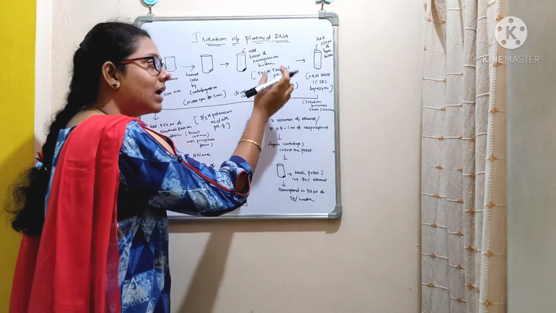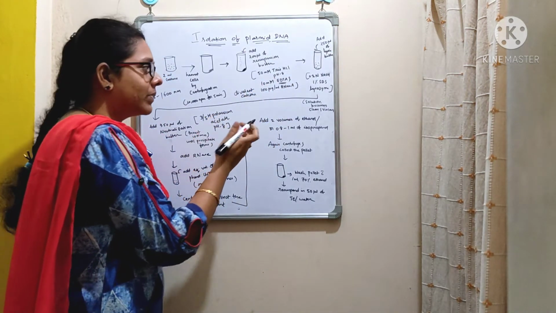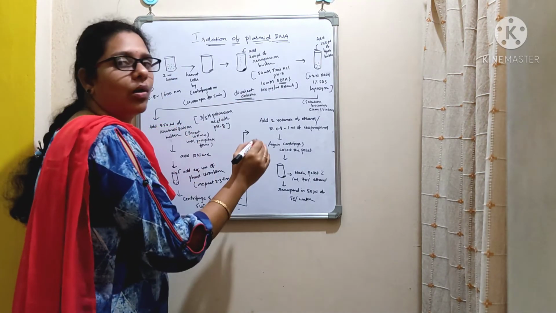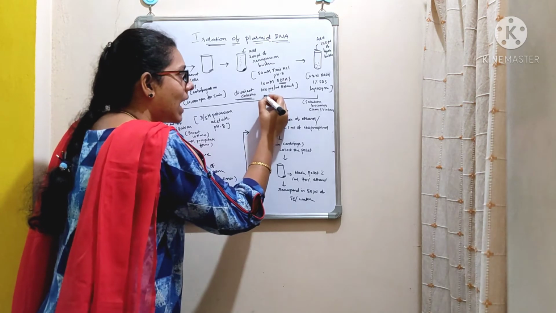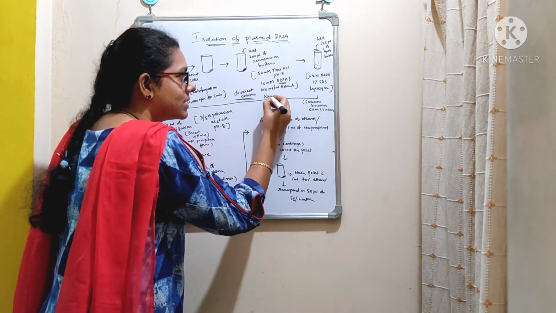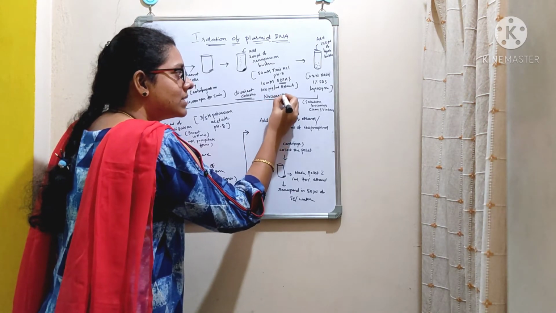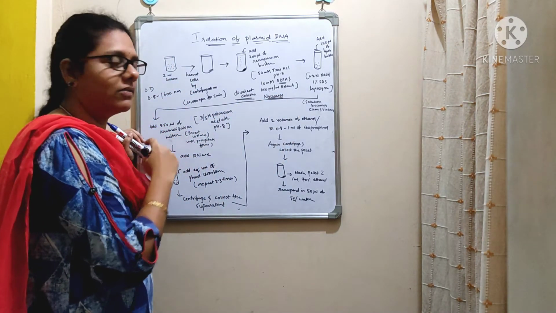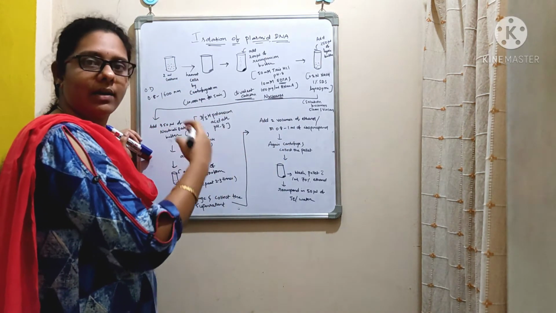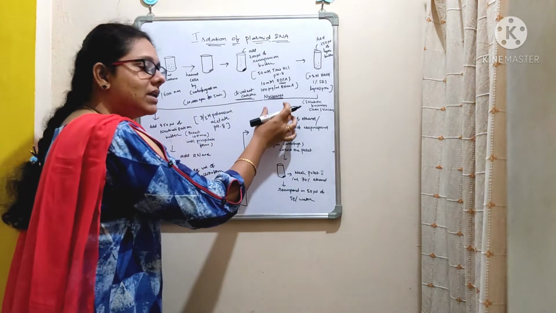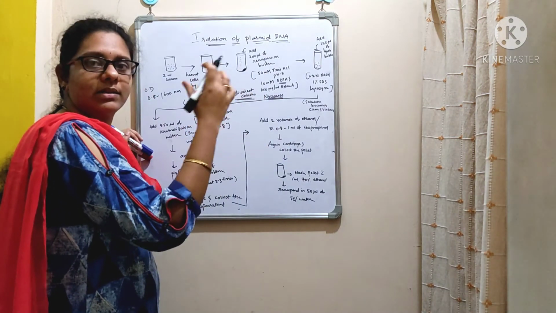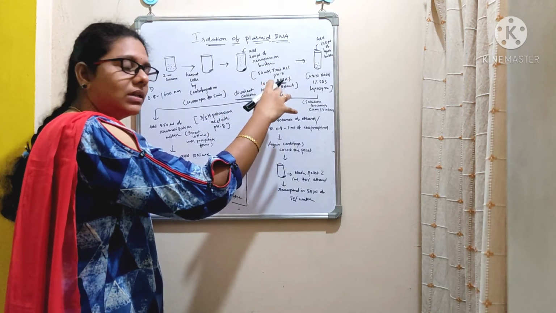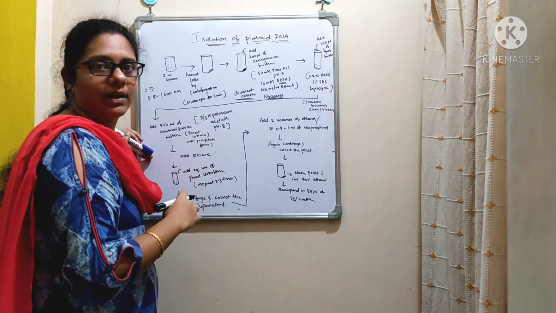Moreover, the other role of EDTA is that by reducing these divalent cations, it can also inhibit the activity of nucleases. What are nucleases? Enzymes which degrade the nucleic acid, whether it could be DNA or RNA. Right? DNases will degrade DNA and RNases will degrade RNA. If DNases were present in the solution, then your plasmid DNA will be degraded.